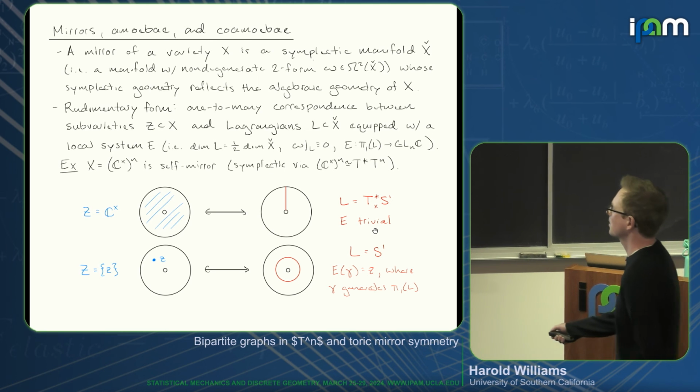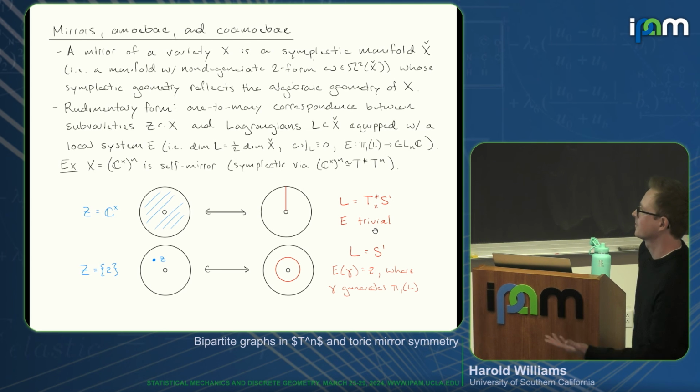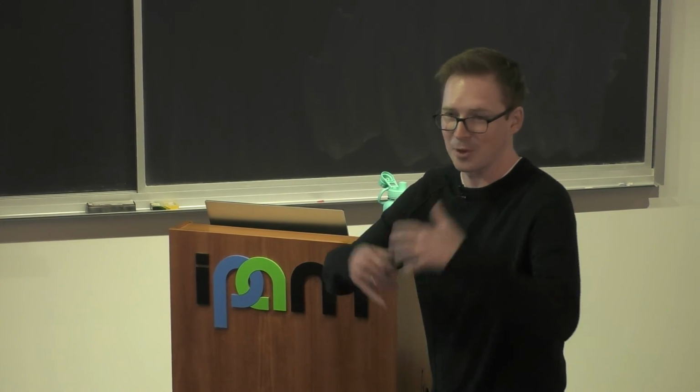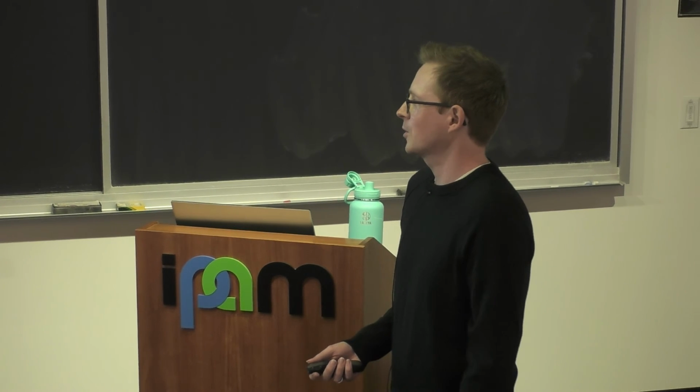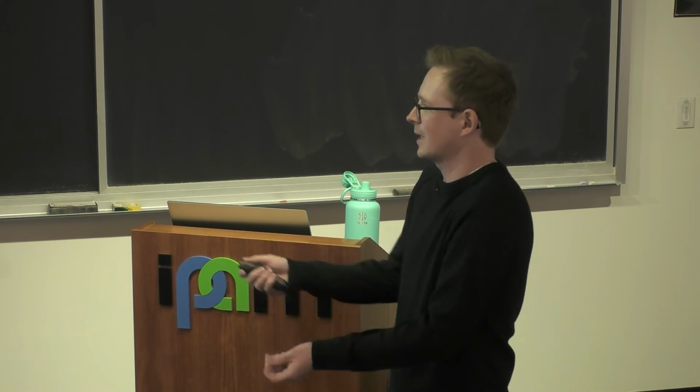And here's how this correspondence works in just the simplest example of C star itself. If we think about what the subvarieties of C star are, well, the irreducible ones, there are 2 things you can do. You can take the whole thing, or you can pick a single point. And of course, when I pick a single point, there's a choice there.